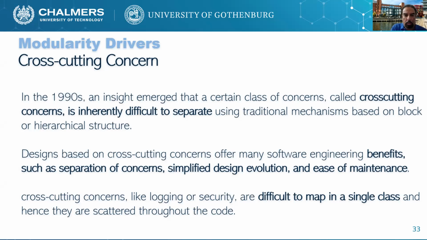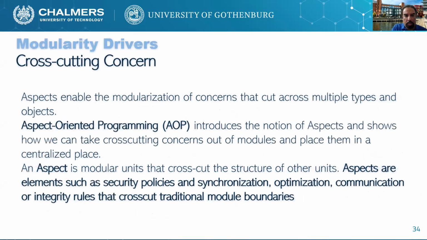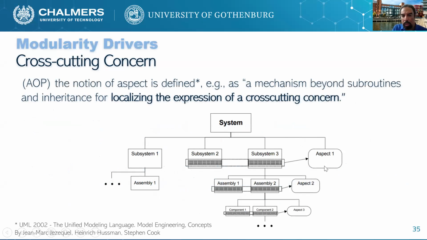And the way we implement them is to use aspect-oriented programming. In aspect-oriented programming, you create aspects, and these aspects are like a plugin. These aspects are the independent broker that will go in between, and where you can bring all these issues like security policies, synchronization, optimization, communication, integrity, and all these cross concerns can be implemented within the aspect.